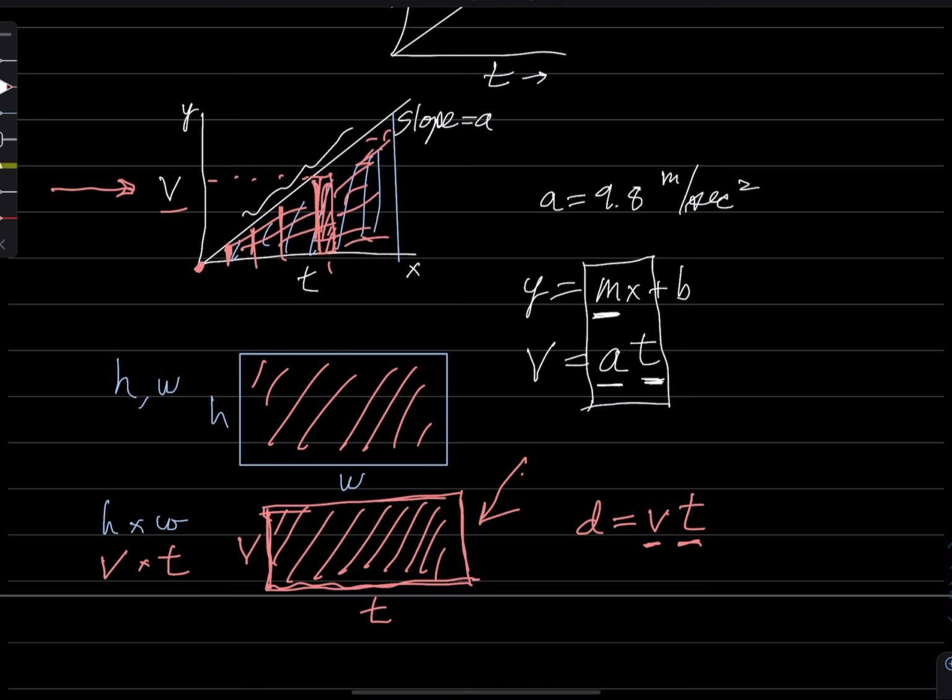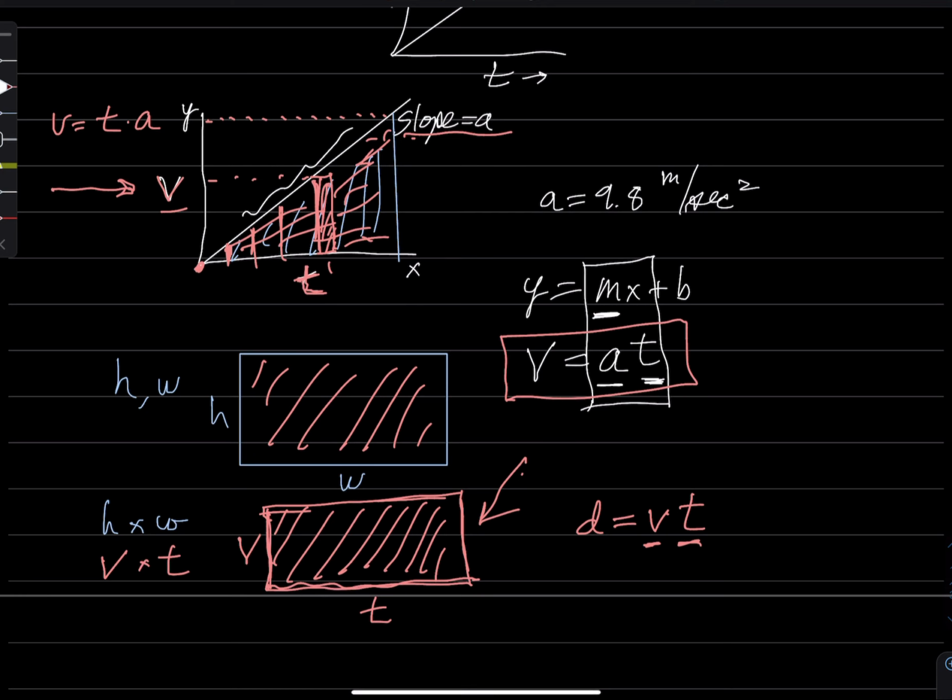Well, this is a triangle that has t for its base and v for its height, okay? And it has a slope of a. So after it's traveled for a certain time t, its velocity is going to be t times a, right? Didn't we figure that out? The velocity is the acceleration times the amount of time.